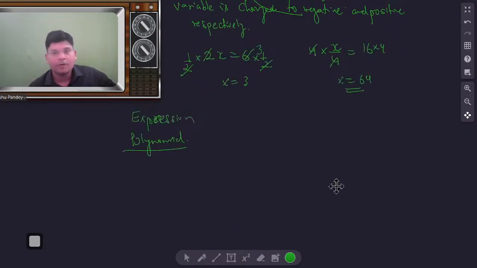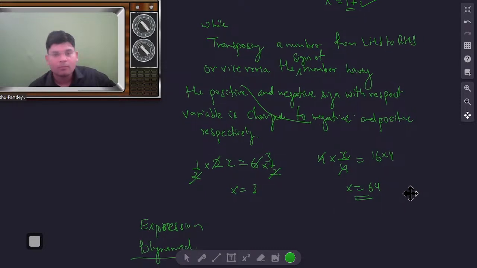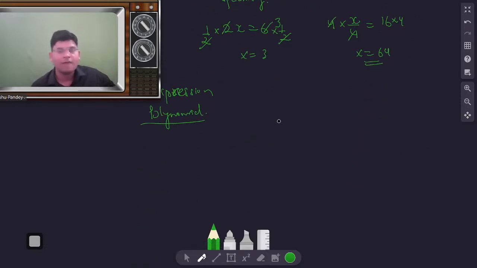Can the exponent of the number be 0? Yes. It will be 1. 5 is also known as a polynomial. This is known as a constant polynomial. Zero is known as a zero polynomial.